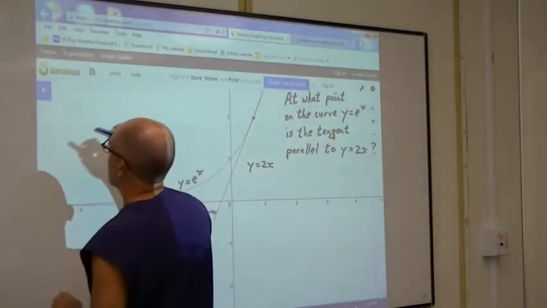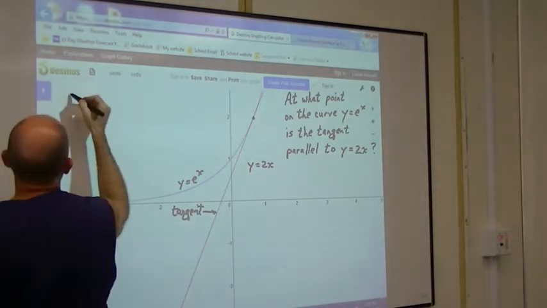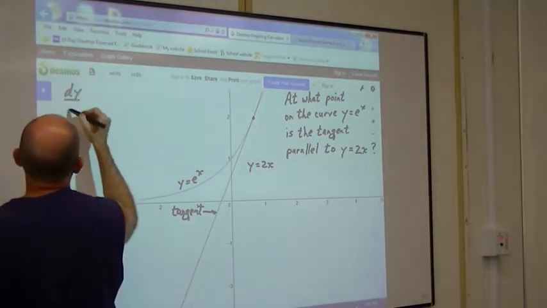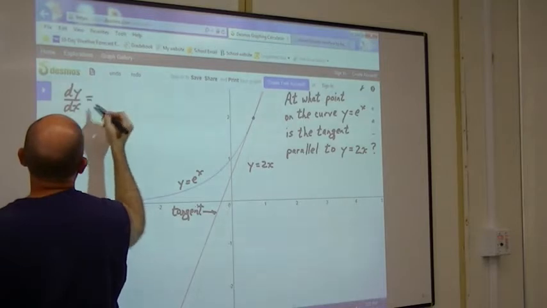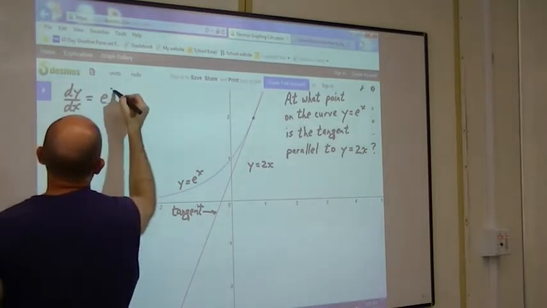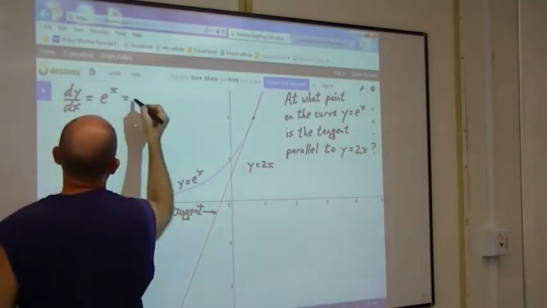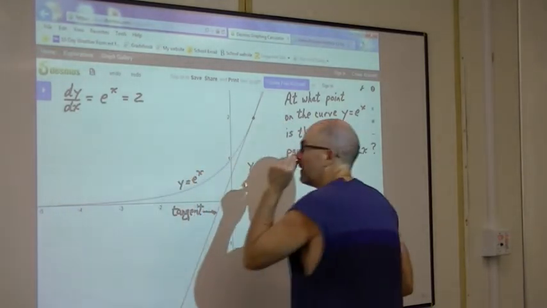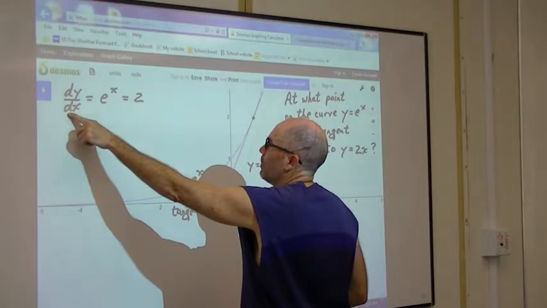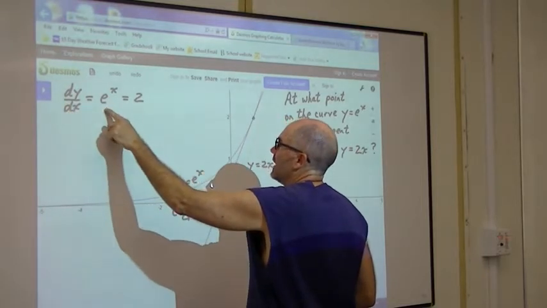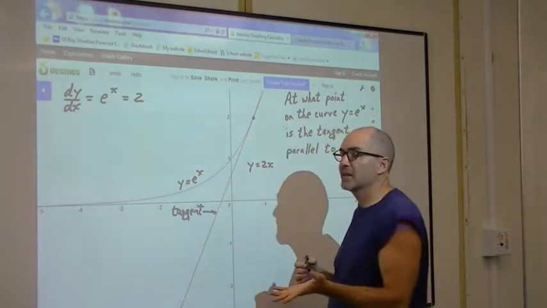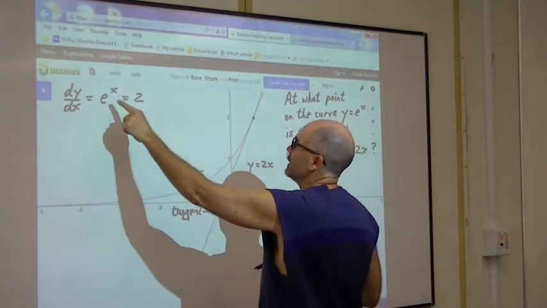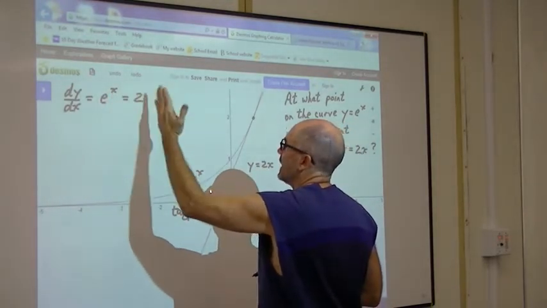So I've got dy dx equals e to the x, which equals 2. See, notice dy dx is the slope of the e to the x function at any point x. So now what I need to do is solve for x with e to the x equals 2.